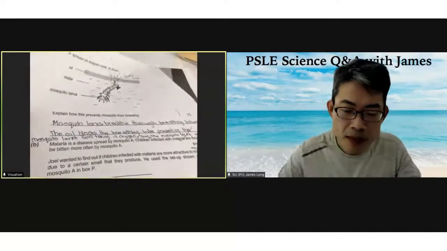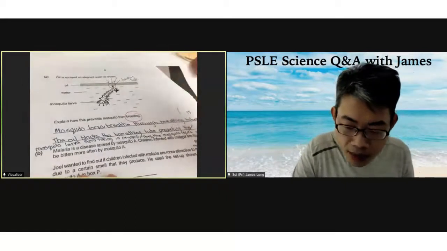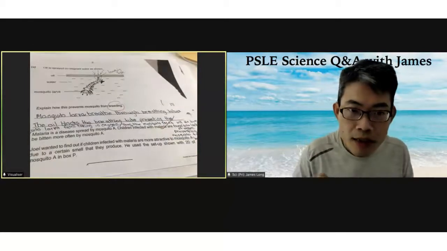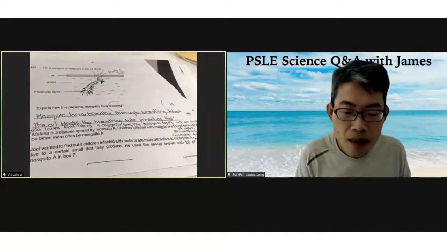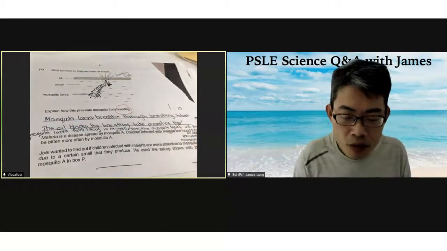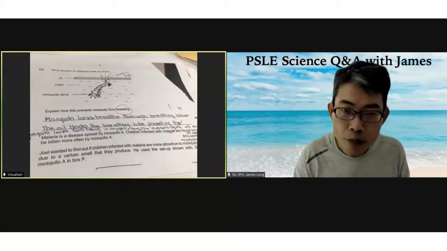And the second part is this word called breeding. Now, breeding is important, everyone. So this question is not simply about how spraying oil on water kills the mosquito larva. It's about how spraying oil on the water prevents it from breeding.